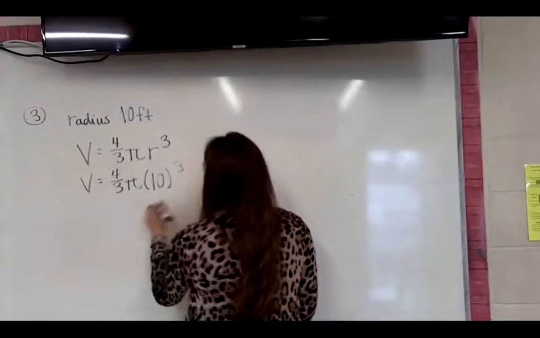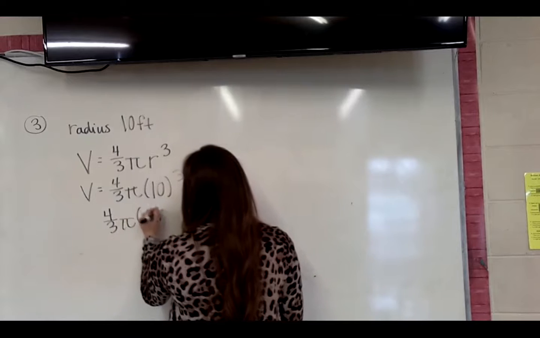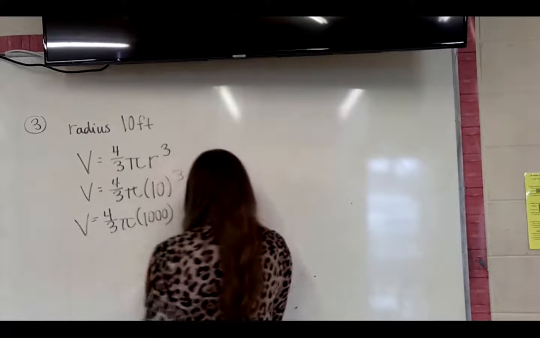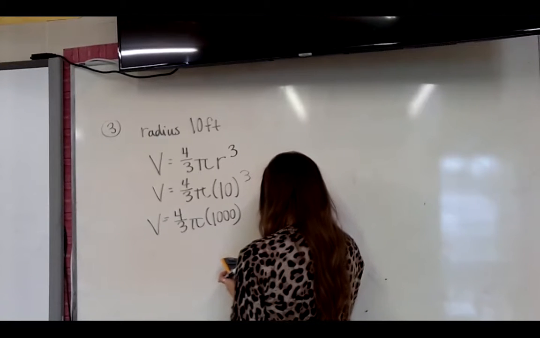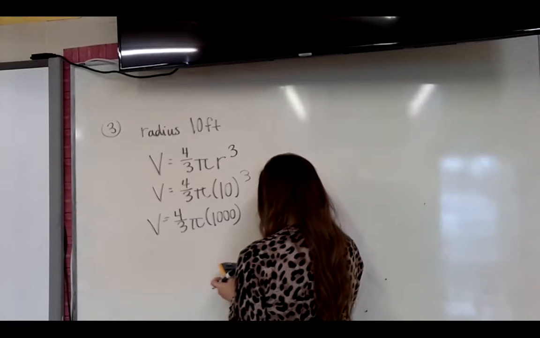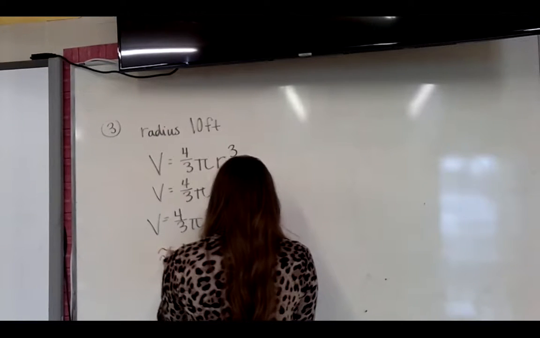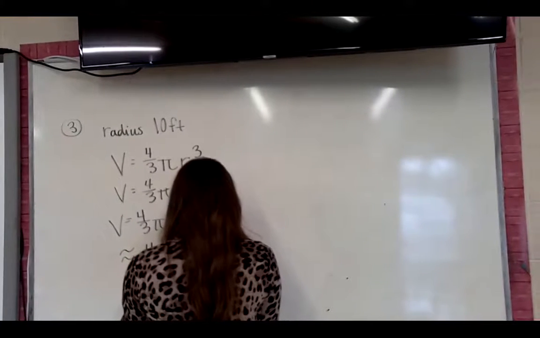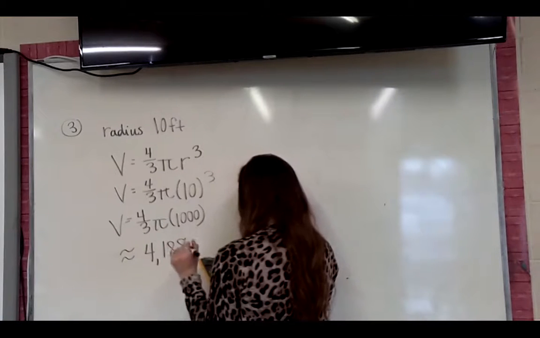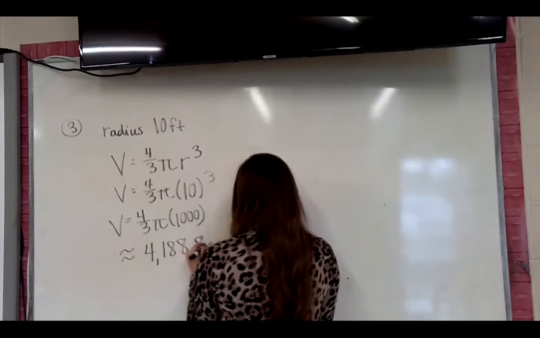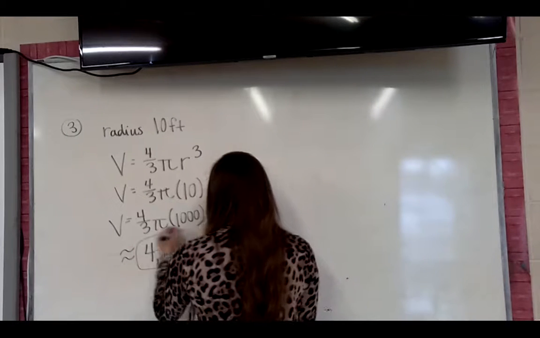So I have 1,000 times 4/3 times pi. And we are rounding to one place behind the decimal, so we get a very large number on this one. 4,188.79. 9 rounds up, so 4,188.8 cubic feet. So that is a very large sphere.